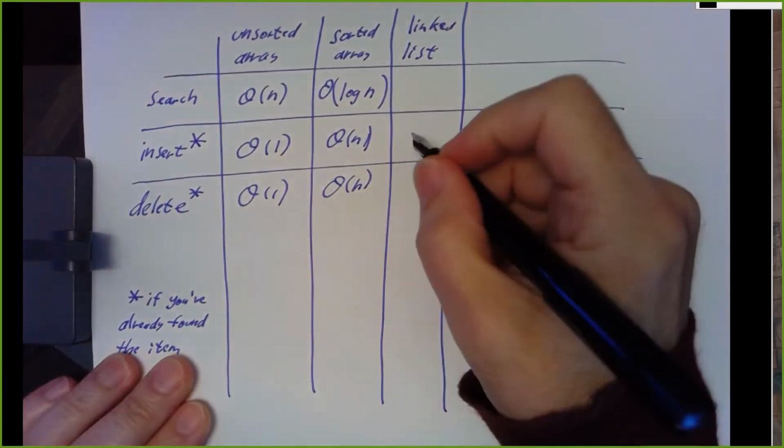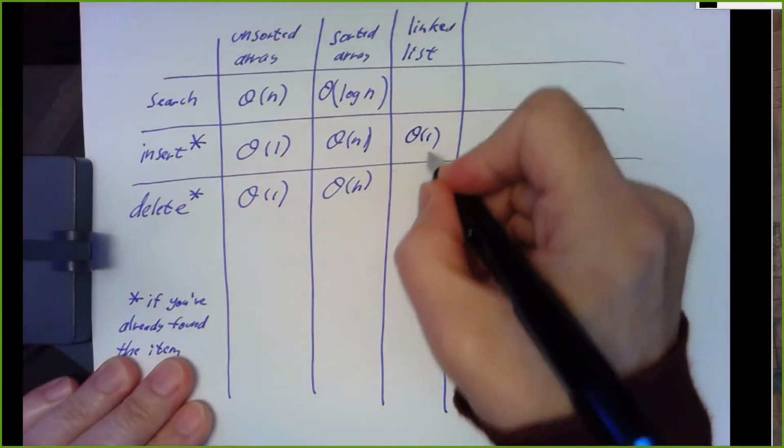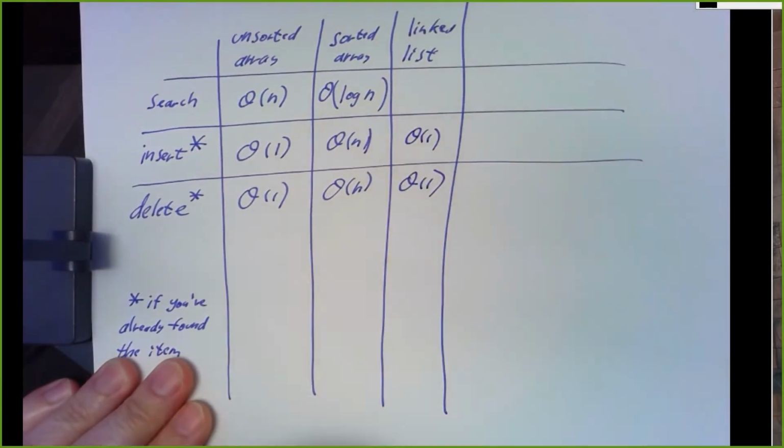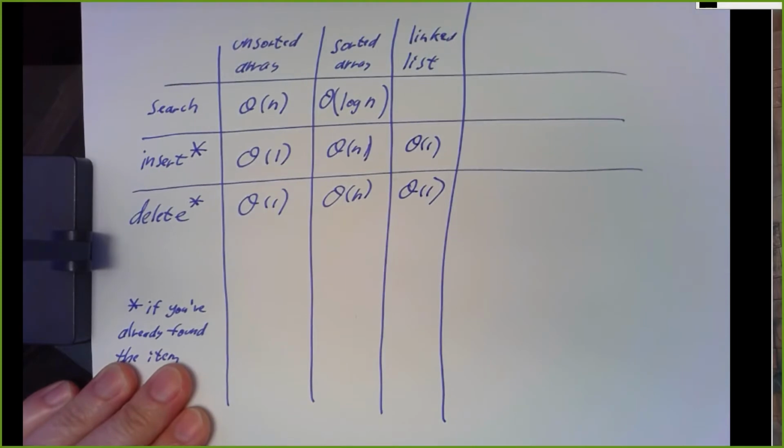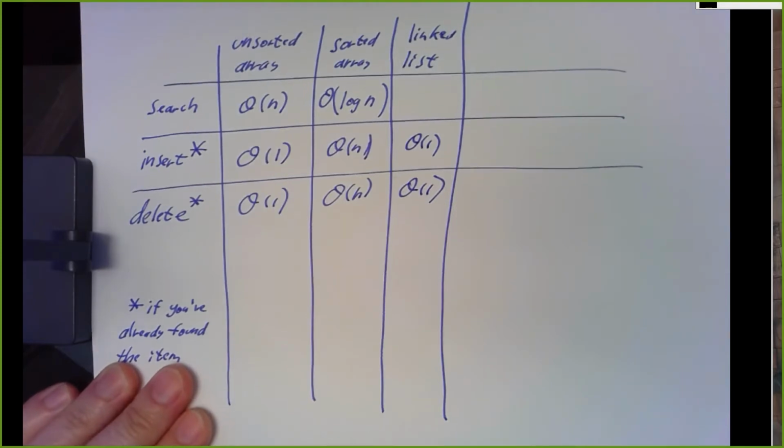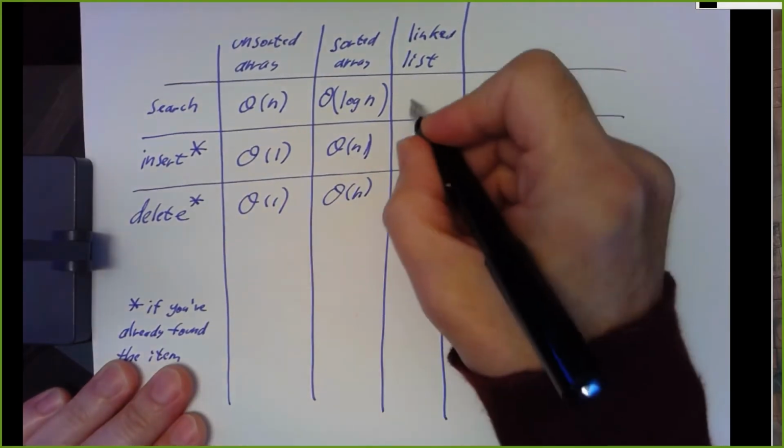Right, good old order 1. But what did we do to our search time when we went to a linked list? Back to order n.